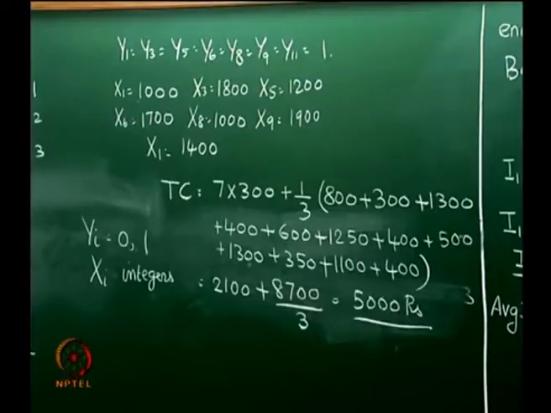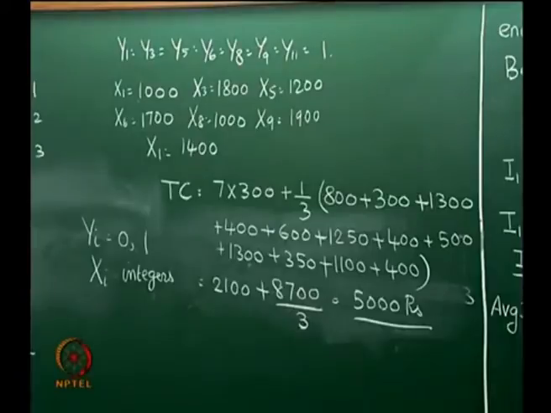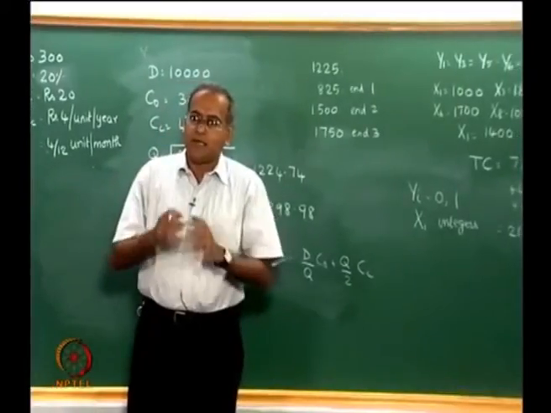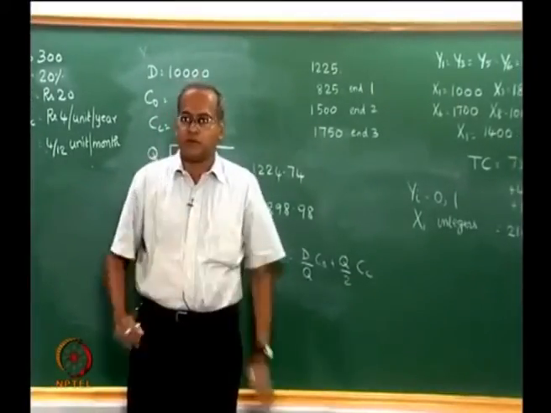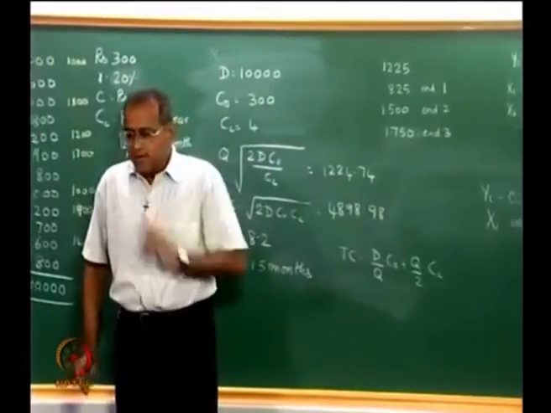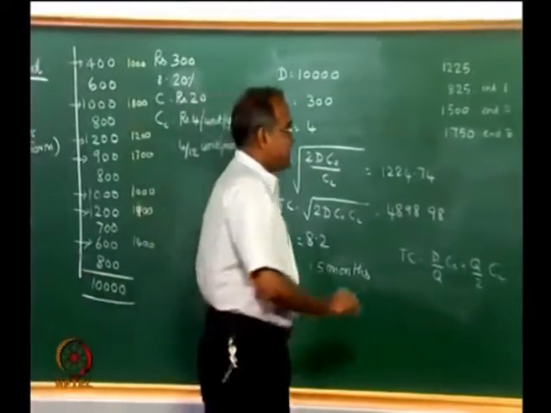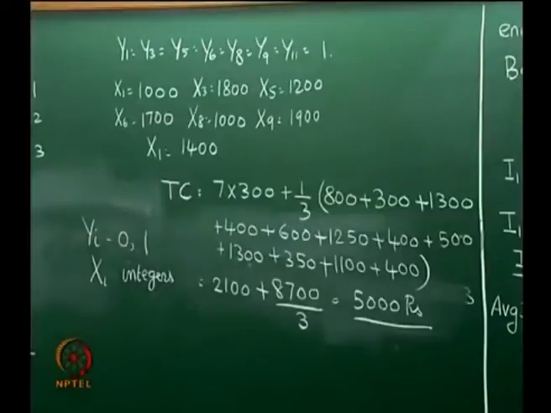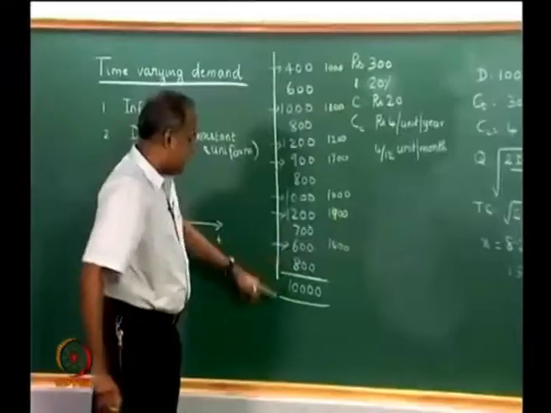So the question is, can we try and solve this problem heuristically and not really worry about the optimal solution, but try and get a good near optimal solution. Second issue is that this integer programming formulation can be made if we have a finite number of periods.